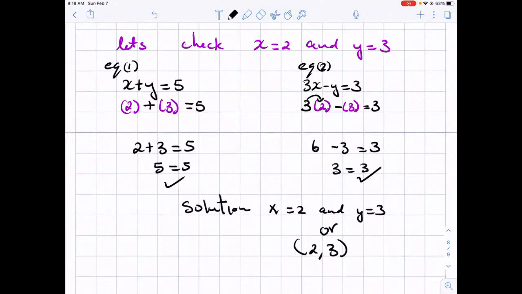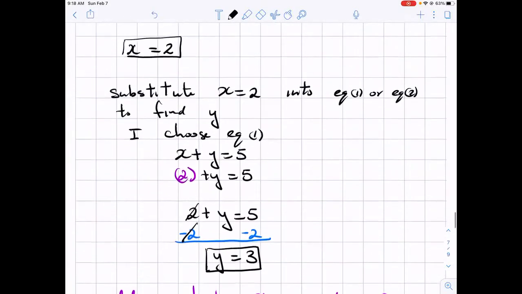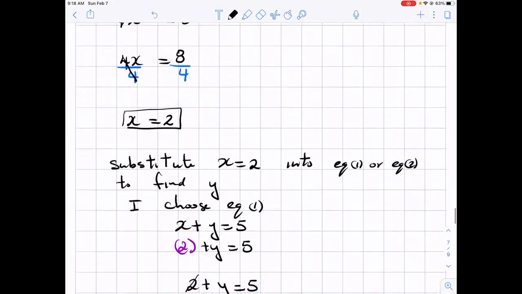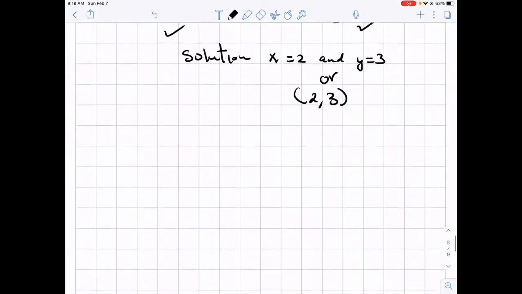Now, in this scenario, we saw that the y's cancel when we add them. Okay? But sometimes they do not. Well, before we get into our next example, let me put some points that you should follow.